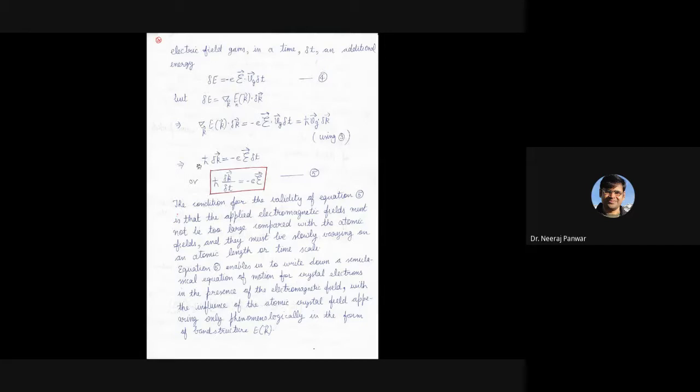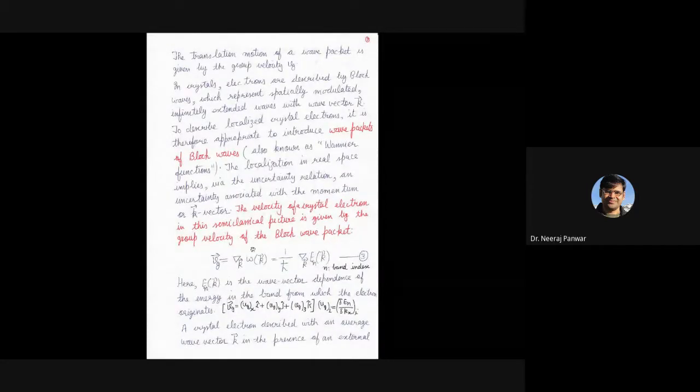Here we have the equation of motion, H cross del K over del T is equal to the applied force. We derived this equation when we took the expression for velocity in terms of the gradient of energy with respect to K and the Ek diagram. So the gradient we will get from the Ek diagram, and this Ek diagram is after considering the periodic potential.